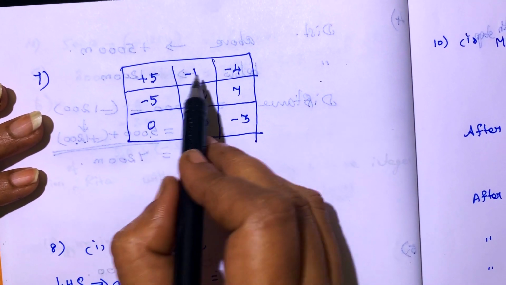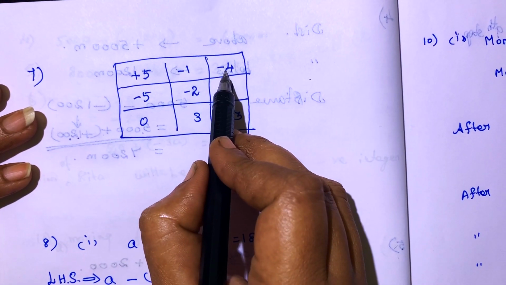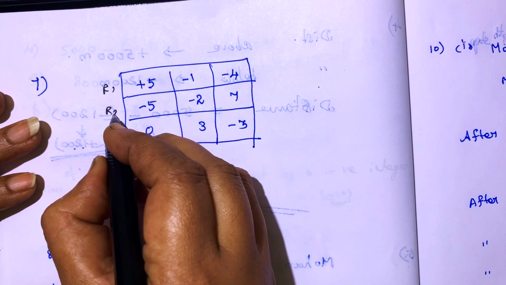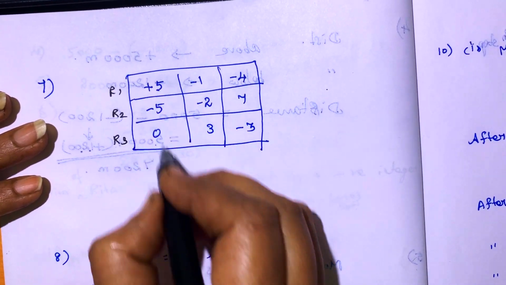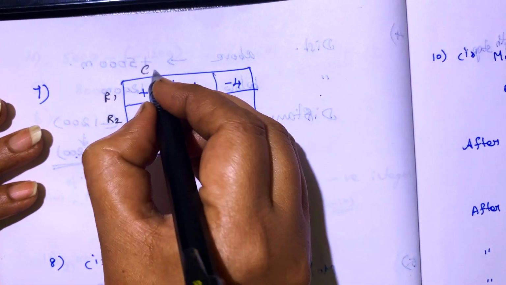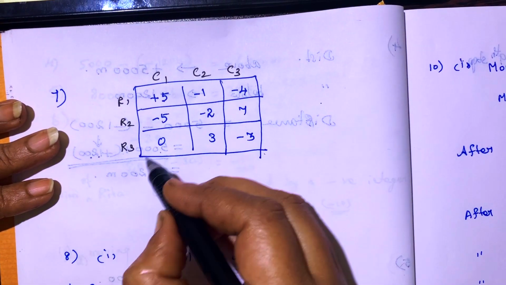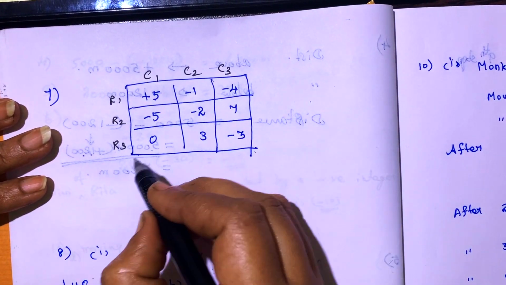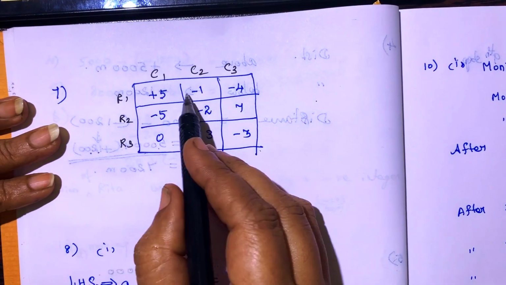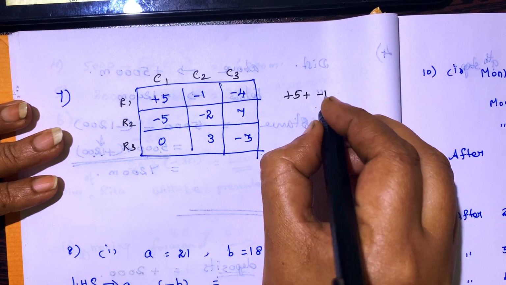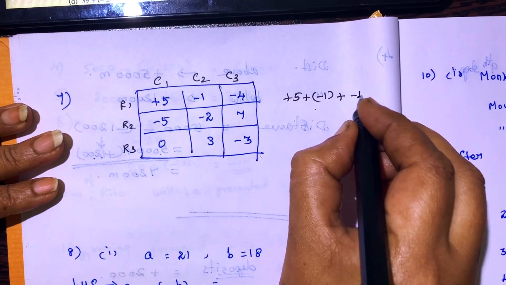So plus 5, minus 1, minus 4. That is row 1. This is row 1, this is row 2, this is row 3. When we see here, this is column 1, column 2, column 3. Even the diagonals you have to check, you know very well. Right? So the first one I will see: plus 5 plus minus 1 plus minus 4.